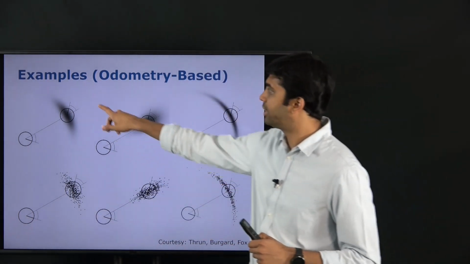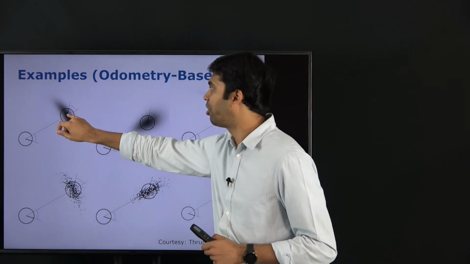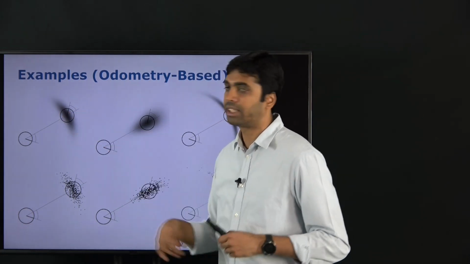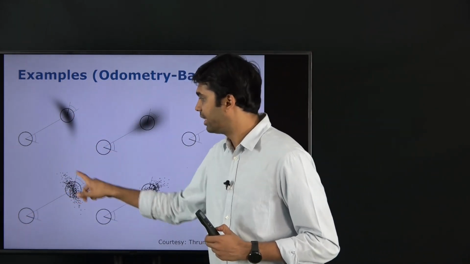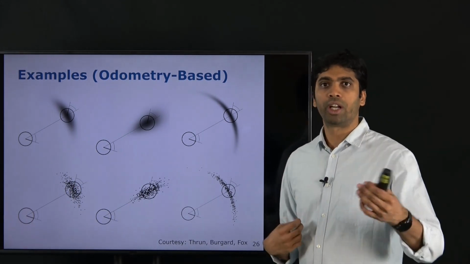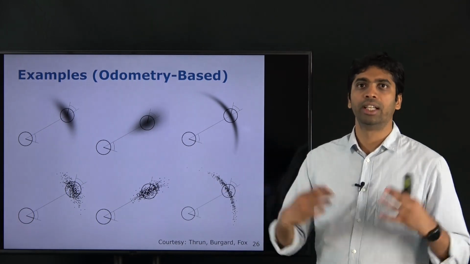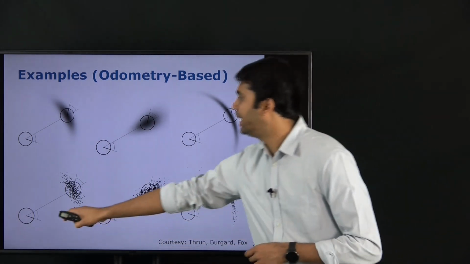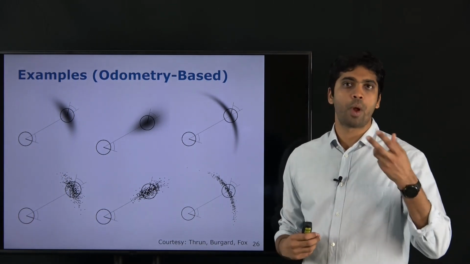Before, we saw this histogram kind of distribution, where the shade of gray represented how probable it is to reach a place. What we see here are different samples, which could be the places where you would end up. You can see roughly that the shape is similar to the histogram one, and each of these cases characterizes different noise parameters.